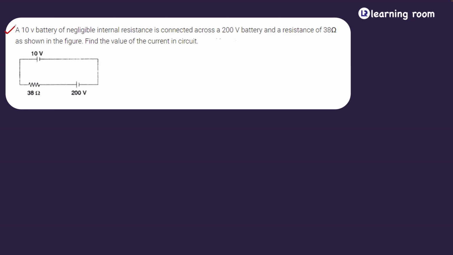When I explained the concept of cells in series, I explained one important thing, and I explained this concept when I discussed charging a cell also. Look at the way the cells are connected and decide whether the EMFs are supposed to get added or subtracted.